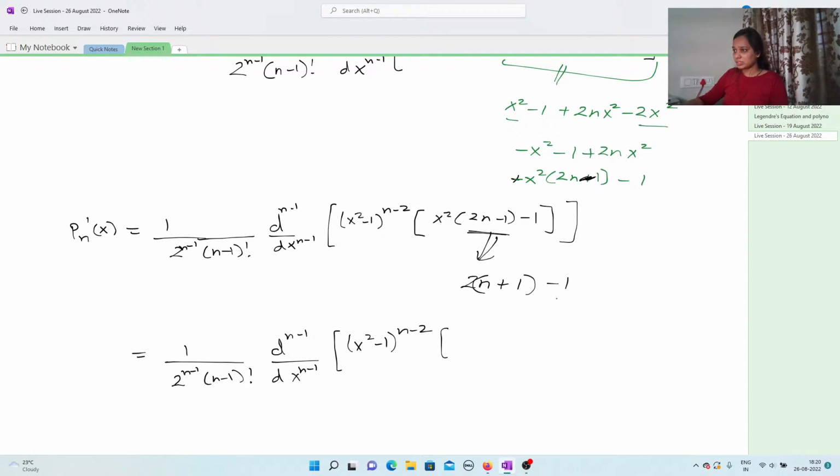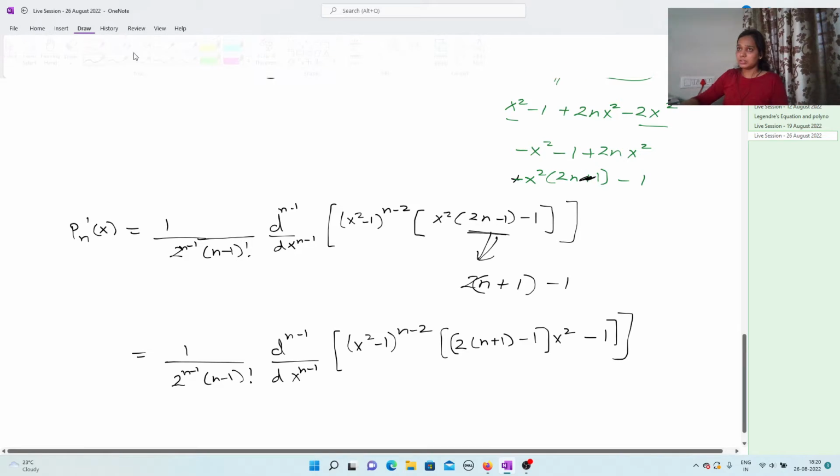Here, if you write it like this, then you can write it as 2n plus 1 minus 1, x square minus 1. Okay?